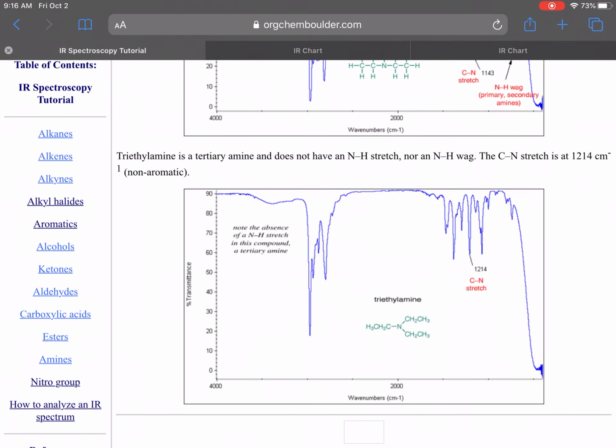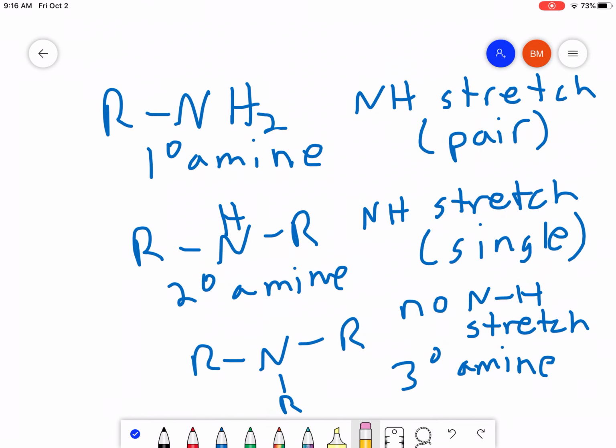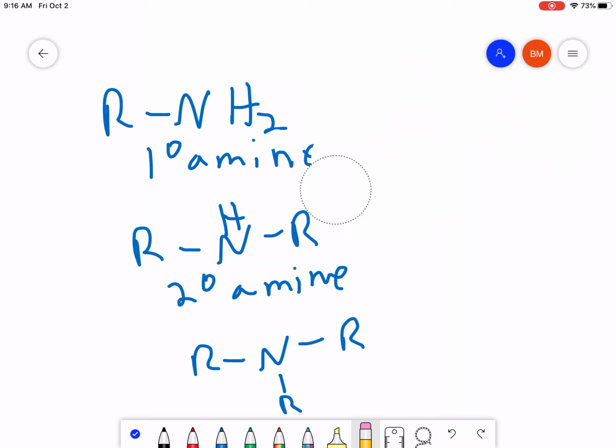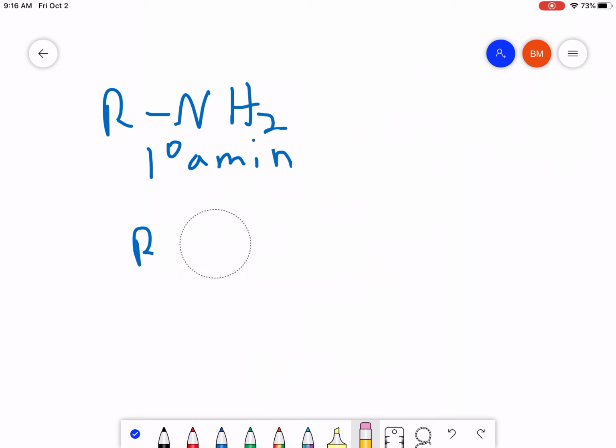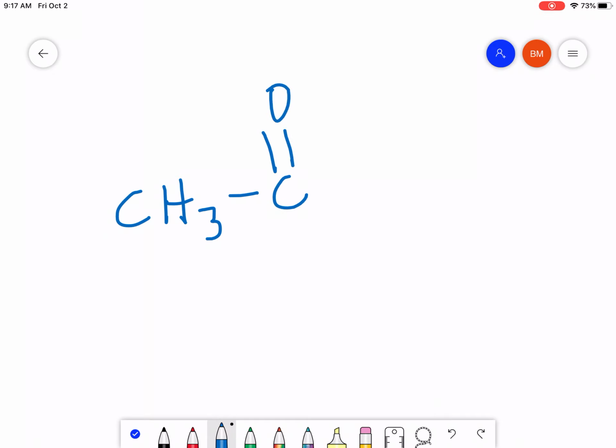All right. Now, like I said, I don't have amides over here to show you. But I think you could probably use your magical powers of deduction to figure out what to look for. For example, if you had something like this, what would you look for? Well, I would think you would need to look for a carbonyl stretch.